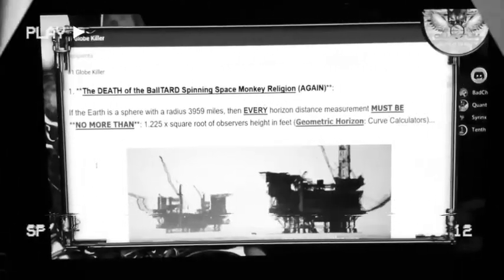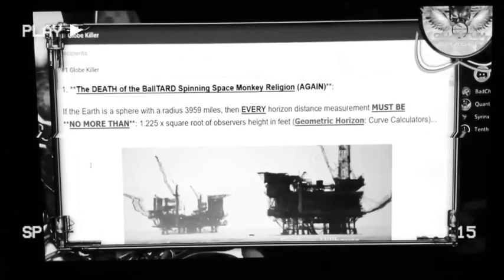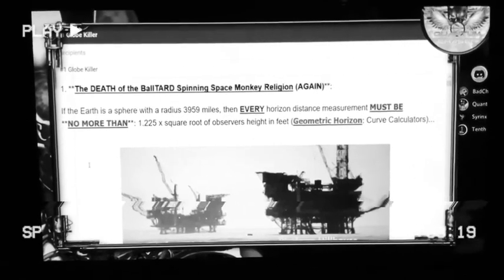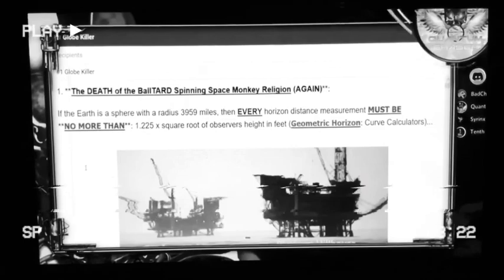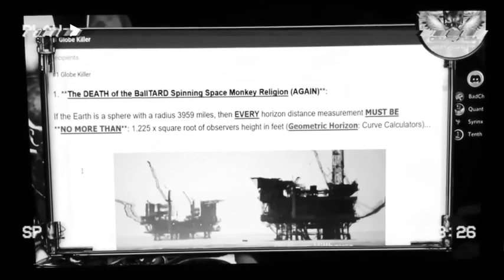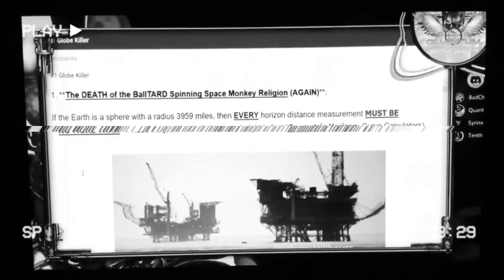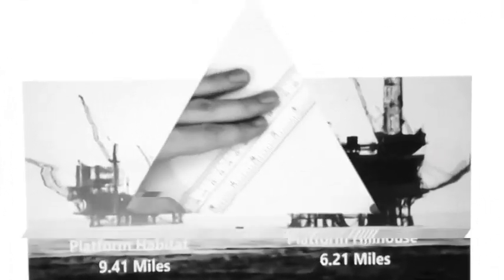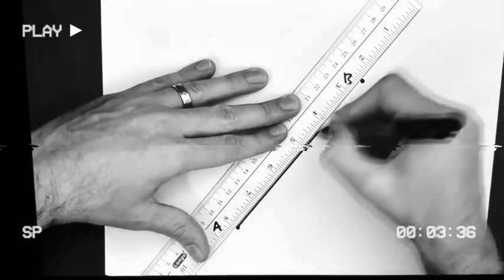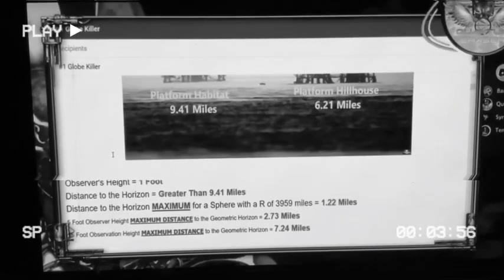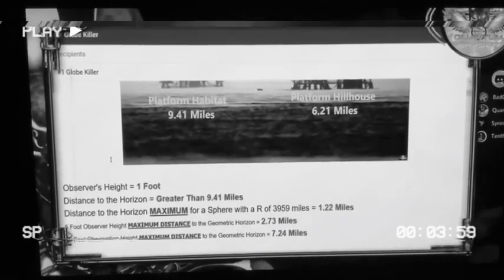Now, here's the argument. If the Earth is a sphere with a radius of 3959 miles, then every horizon distance measurement must be no more than 1.225 times the square root of the observer's height in feet. That's the geometric horizon. Something like between any 2 points, you can draw a unique line segment between them. Obvious, right? The idea here is that we're not proving that a postulate is true from some more fundamental truth. We're making the choice to accept it as true in the geometry that we're trying to construct. The distance to the horizon maximum for a sphere with a radius of 3959 miles is 1.22 miles.